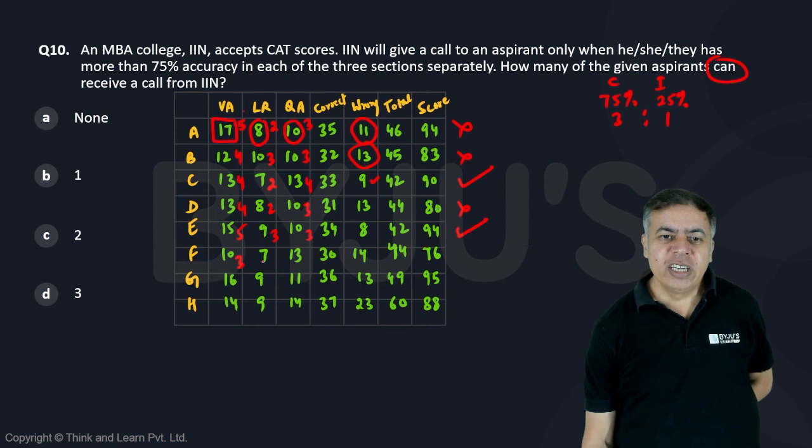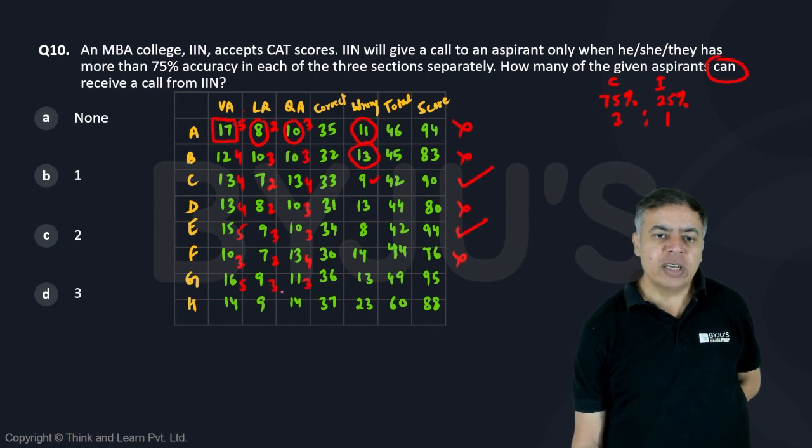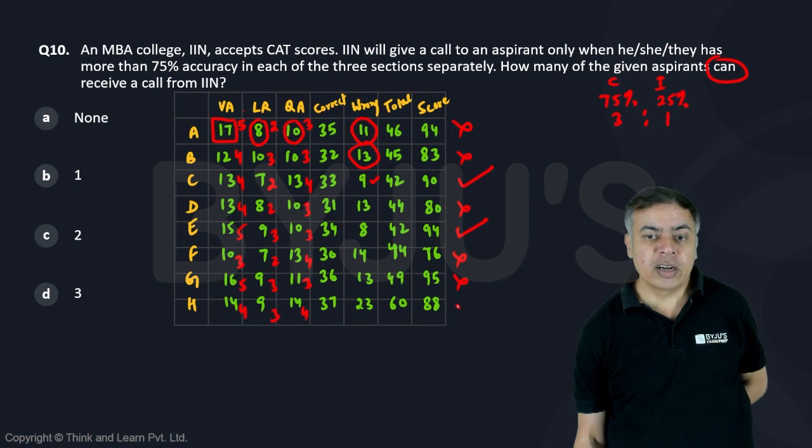Then 3, 2, 4, so 3, 2 is 5 and 4 is 9, but you have 14 incorrect, not possible. 5, 3 and 3, 5, 3 is 8 and 3 is 11, you have 13 incorrect, not possible. Here you have 4, 3 and 4, 4, 4 is 8 and 3 is 11, you have 23 incorrect, not possible.